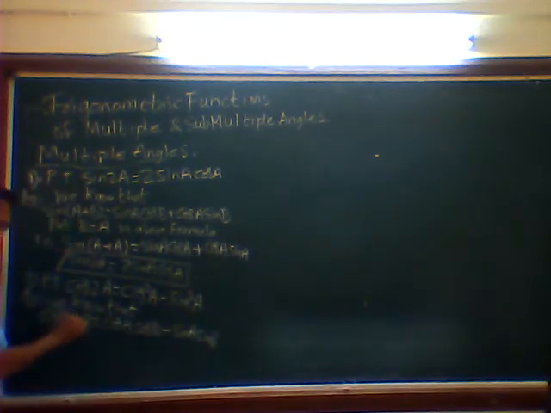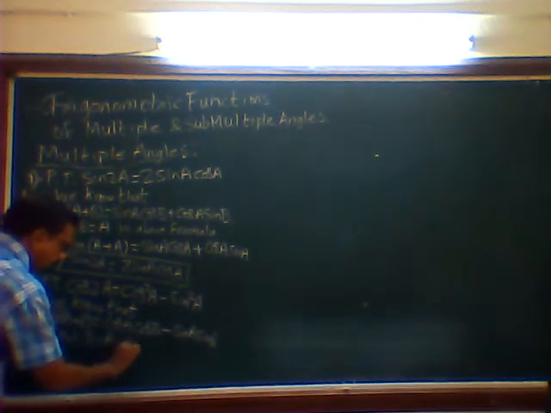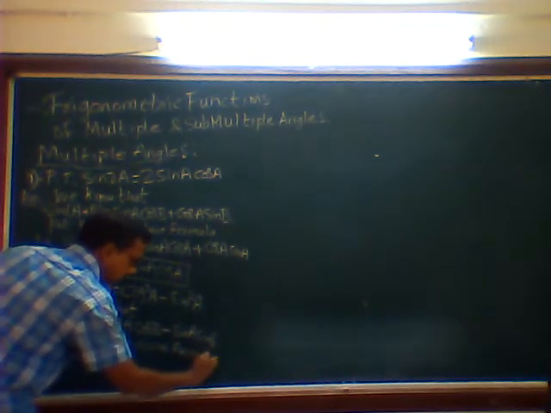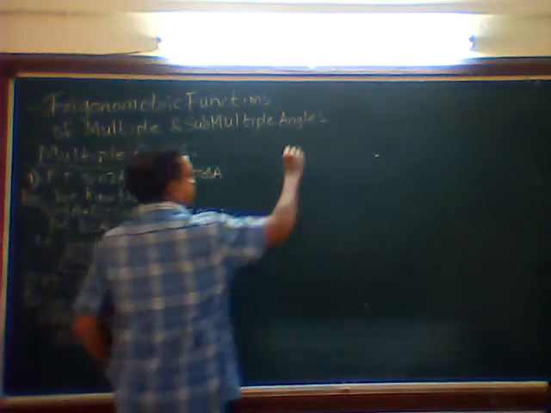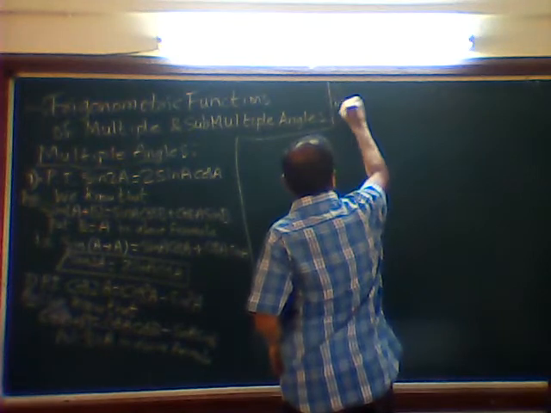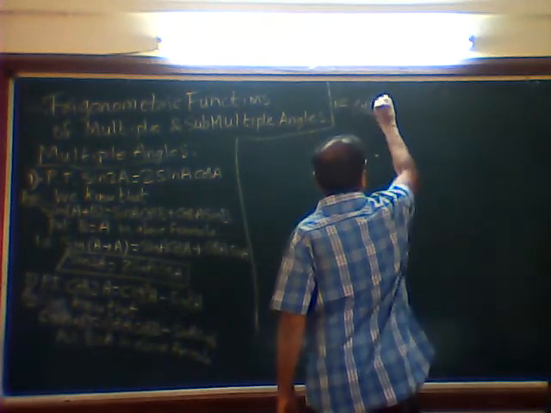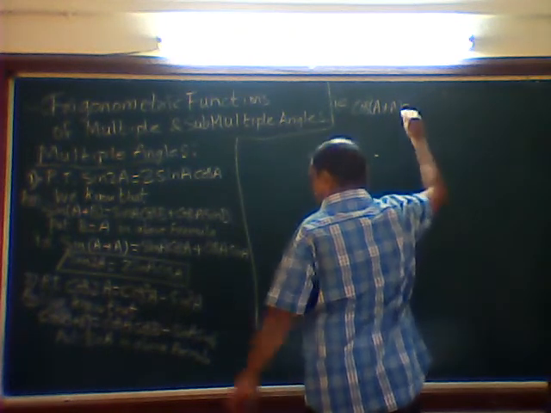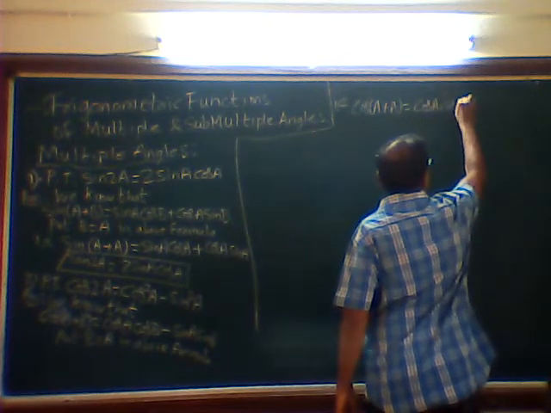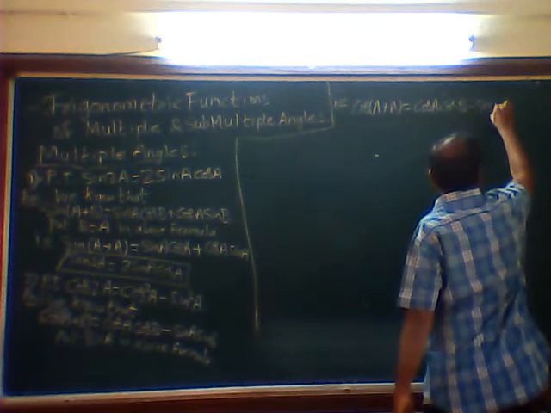Now I will say again, put b is equal to a in the above formula. Wherever b is there, we put a. That is cos of a plus a is equal to cos a into cos a, wherever b is there, I am putting a, minus sin a into sin a.